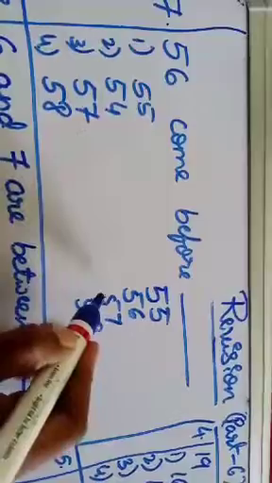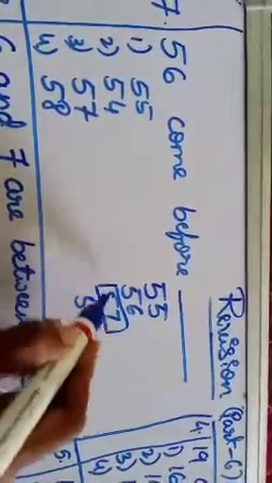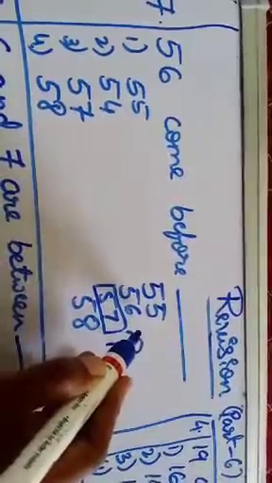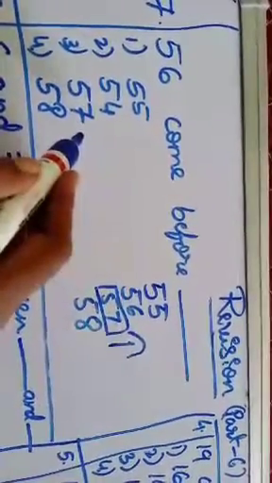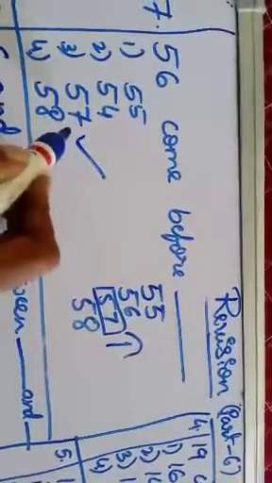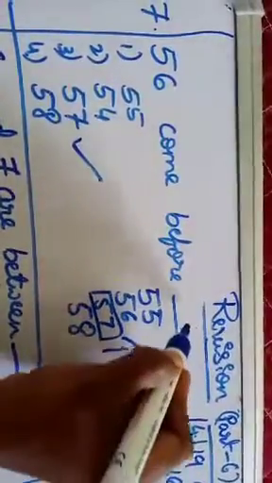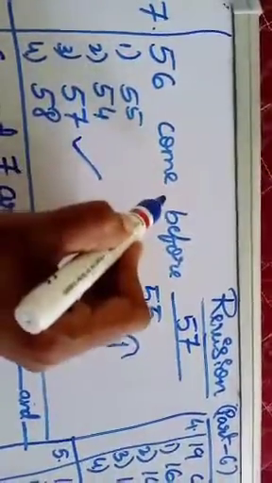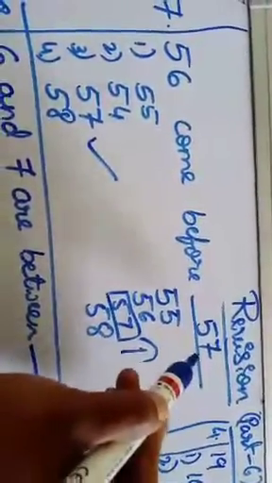Before 57. Yes or no? So before 57, 56 comes. So the answer is 57. So tick mark the third answer and write in the option 57. So 56 comes before 57.